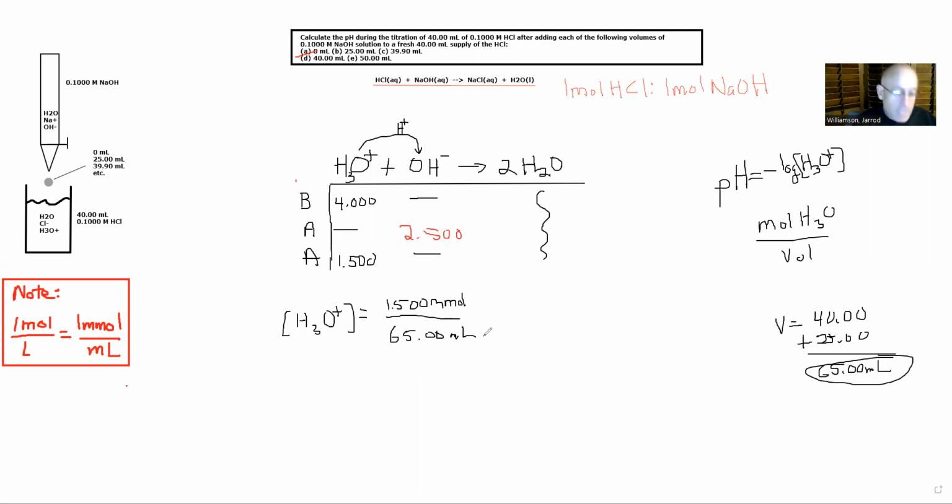It ends up being the same thing as molarity. 1.5 divided by 65 gives me 0.02308 molarity. And when I take the minus log of that, the pH will end up being, hold on here, 1.5 divided by 65.